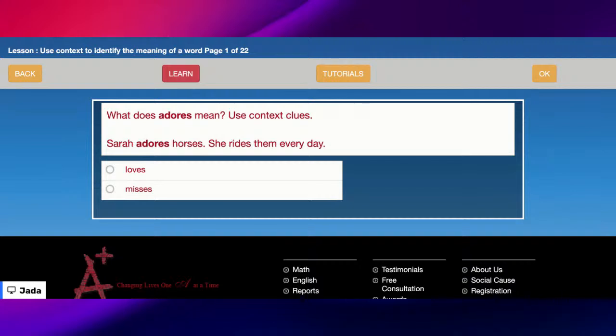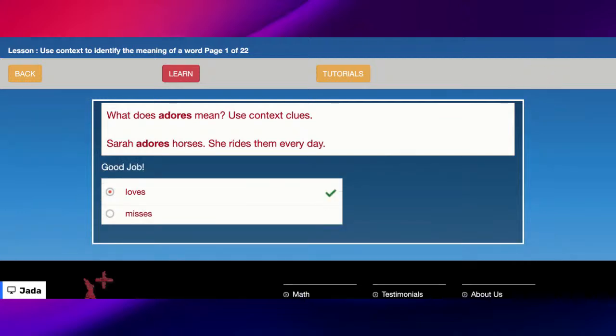Send in your answers. Loves. So that means Sarah loves horses. She rides them every day. So it apparently cannot be that Sarah misses horses. No way. It is she loves the horses and then she rides them every day.